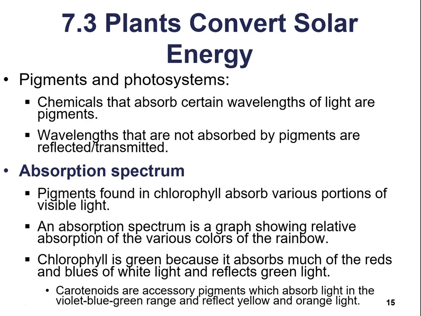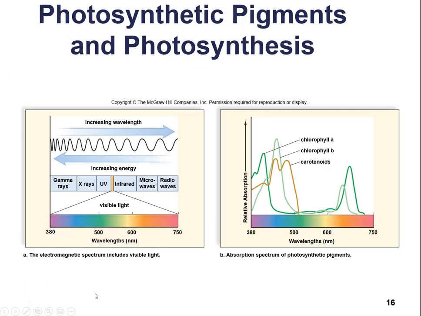So that's why it looks green. Other types of pigments that exist, these carotenoids, are other accessory pigments. These will absorb light in the violet, blue, green range and reflect yellow and orange light. They look yellow-orange, okay?